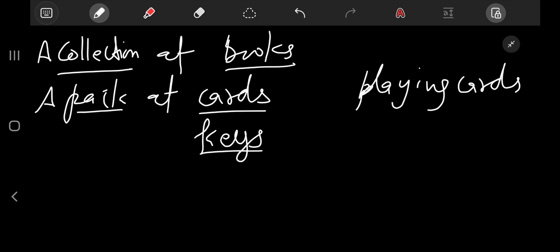A collection of keys we can call. But in general, most people call them a bunch of keys. We call it a bunch, not a pack or a collection.